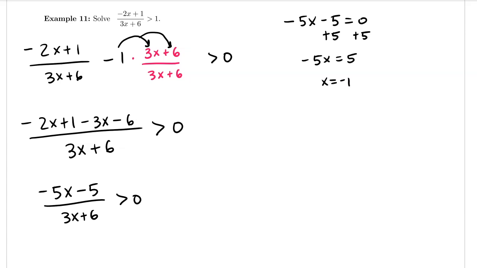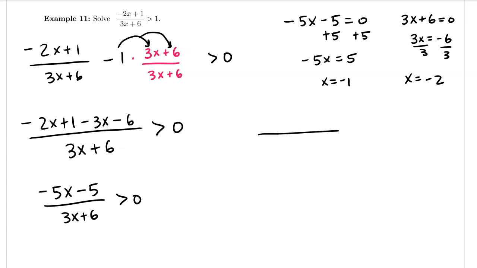So we get a critical value or a critical number, x equals -1. Now I'm going to set my denominator equal to 0. And so we end up with the critical values of -2 and -1.